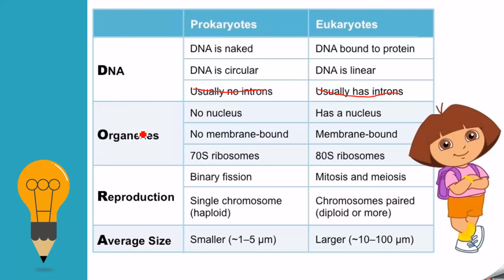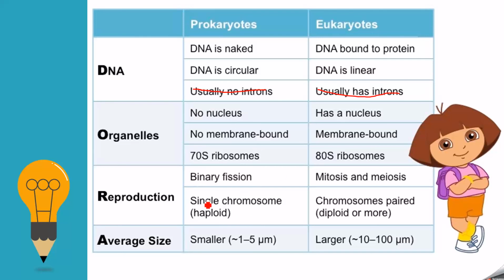Organelles: when talking about organelles, you can say that prokaryotic cells have no nucleus, whereas eukaryotic cells do have a nucleus, and prokaryotic cells have no membrane-bound organelles, whereas eukaryotic cells do have membrane-bound organelles. And the sizes of ribosomes: prokaryotic cells have 70S ribosomes, and eukaryotic cells have 80S ribosomes.